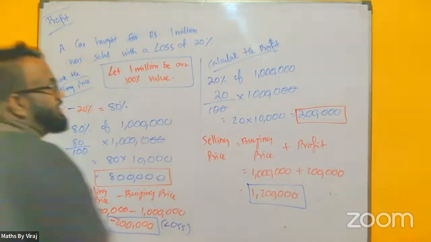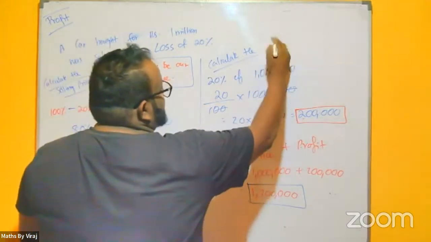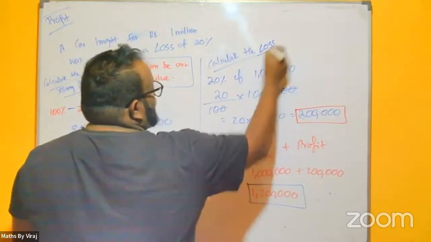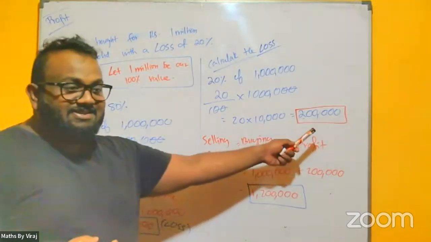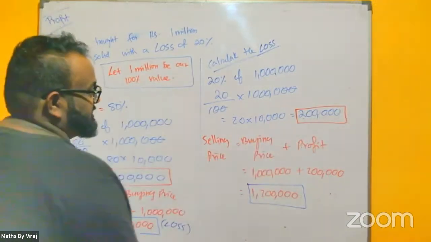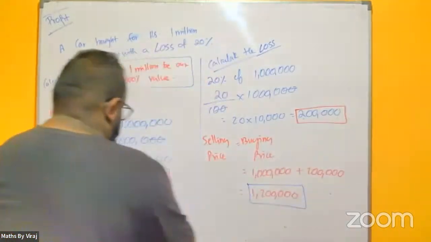Now, calculate the loss. Even the loss is the same. Why? 20% of 1 million is the loss. Therefore, 200,000 is my loss. Therefore, what is my selling price?